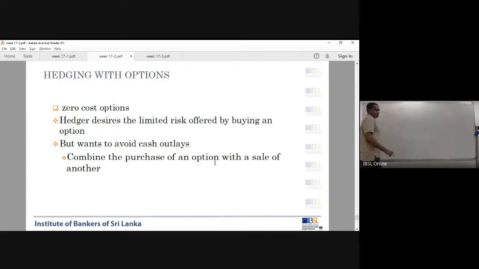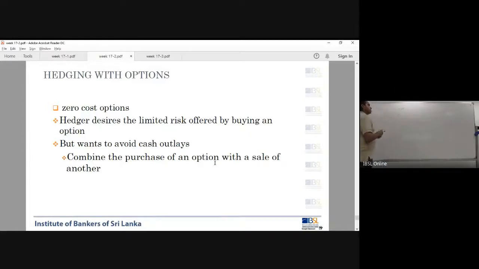In between, this is the call option premium and the put option premium. This is the strike price of the call option, and here you get the strike price of the put option.